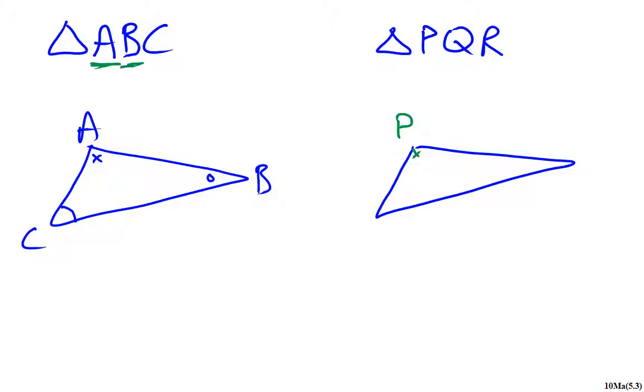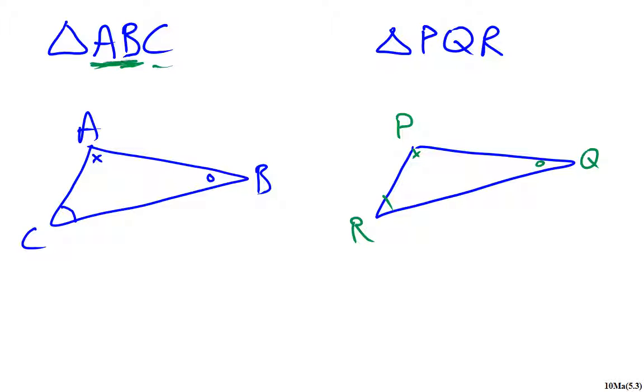Because the letter B is second, the letter Q must match up with the same angle that B is, and similarly R would match up, so that the letters match up with each other within the shape, which means then the sides match up.